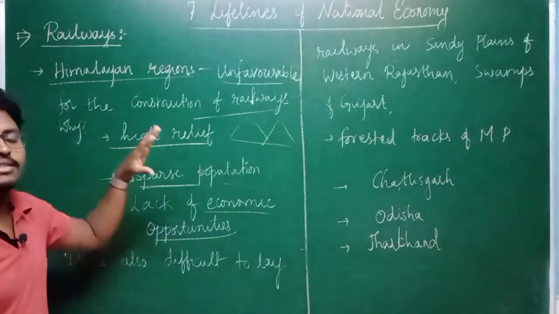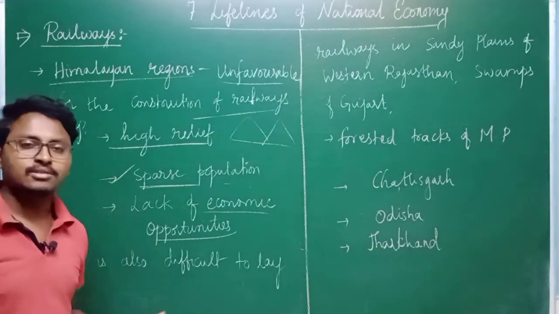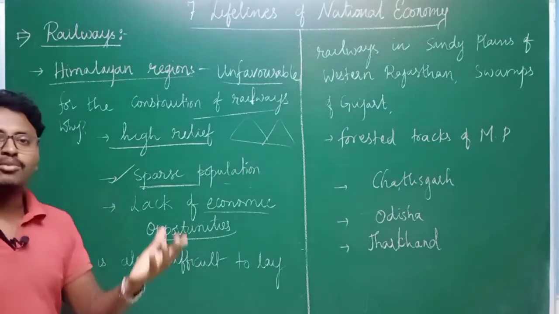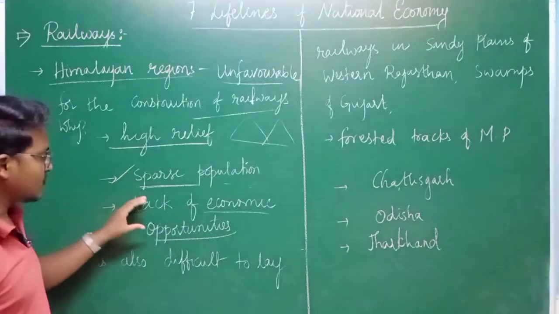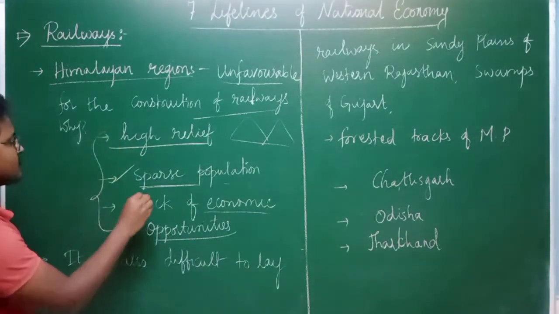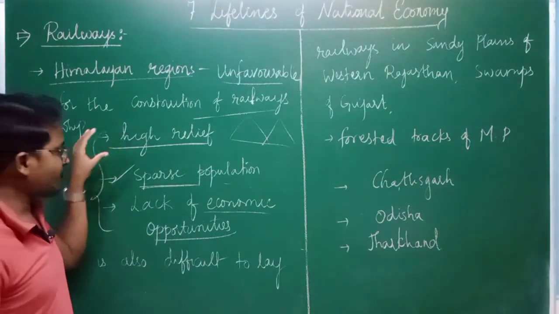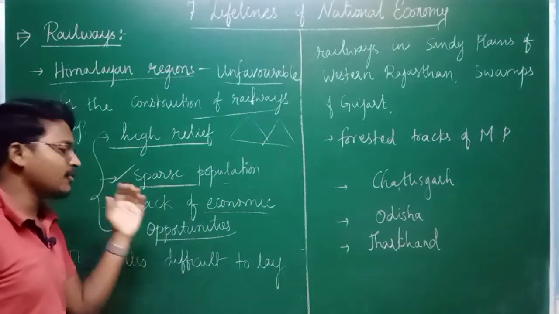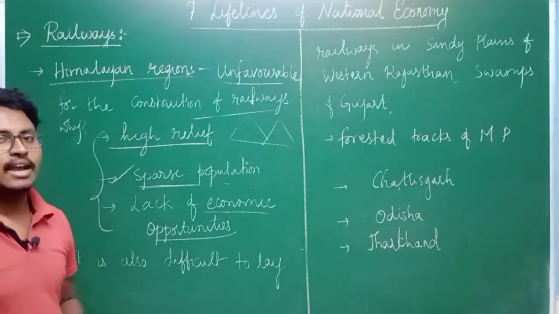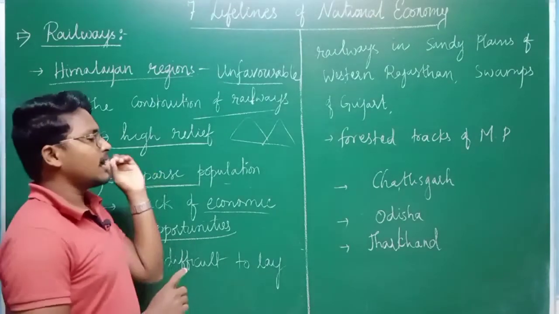That means here in the Himalayan region you cannot find job opportunities, business or even trading. So because of high relief, sparse population and lack of economic opportunities, it is highly unfavorable for railways to lay tracks in the Himalayan region.